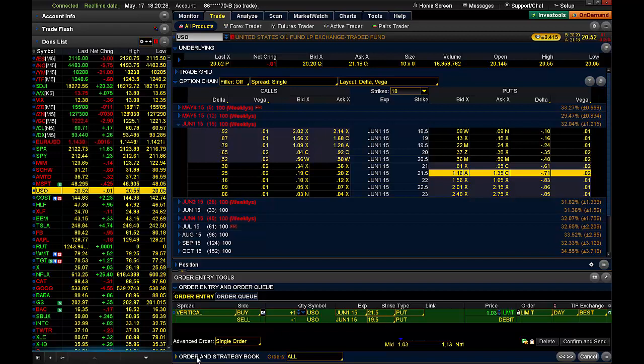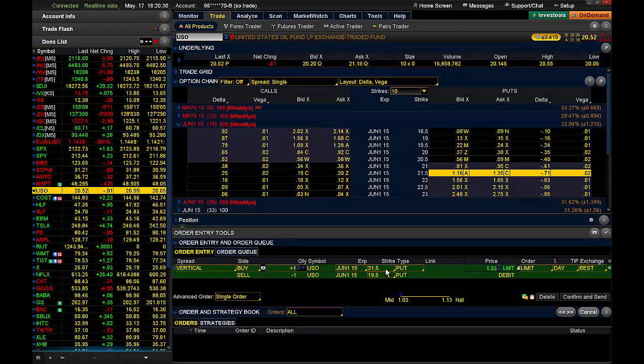What I've done in this particular circumstance is purchase a put and sell a put. It's a vertical spread, and I'm buying a spread. I'm buying the 21.50 puts, in a 19-day expiration, and selling the 19.50 puts for a $1.03 debit.